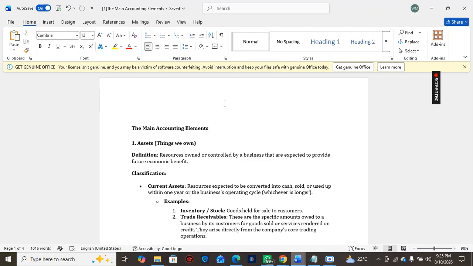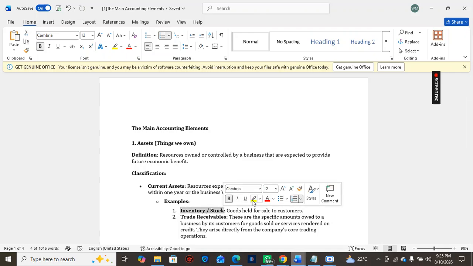So we need to look at the types of current assets. The first current asset that we're going to look at is inventory or stock. This is goods that are held for resale to customers, basically the goods in the shop.